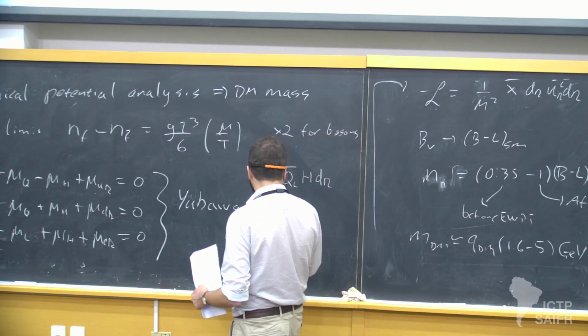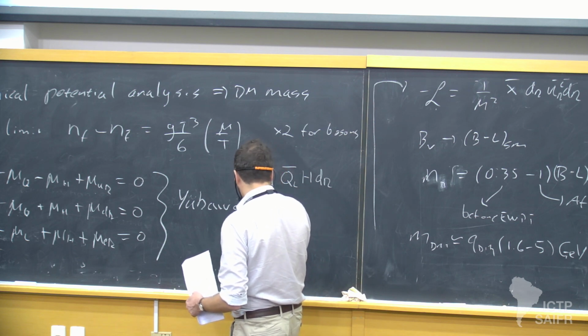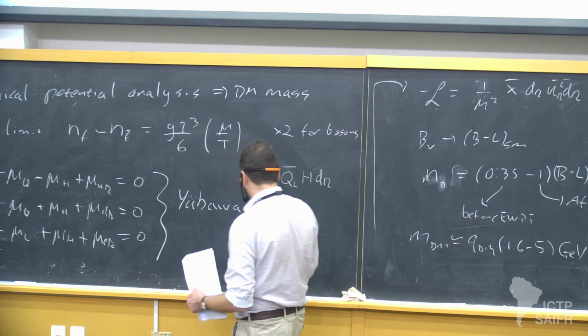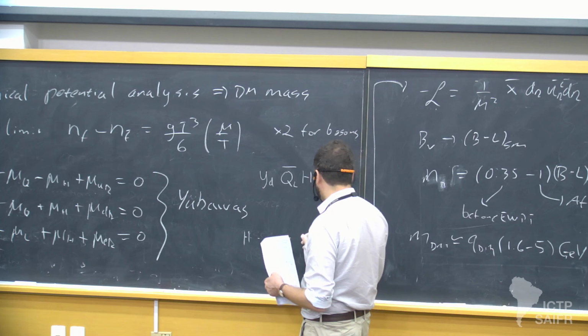So this process will lead to something like H. If we draw a Feynman diagram, just imagine what's going on in the plasma.